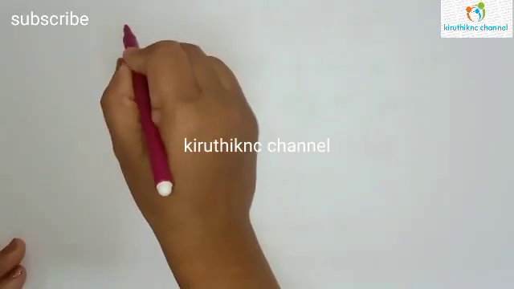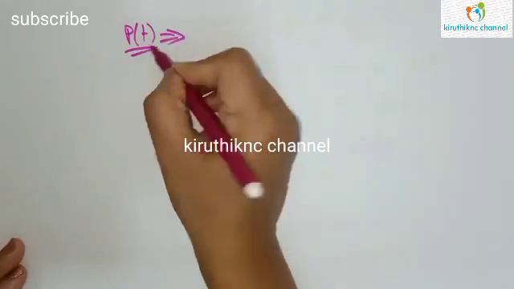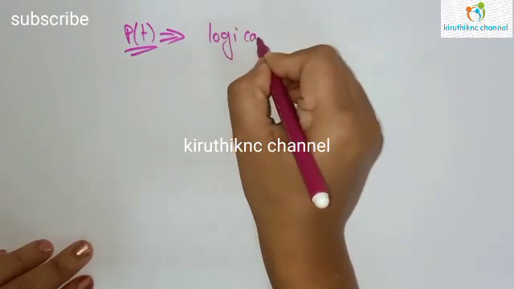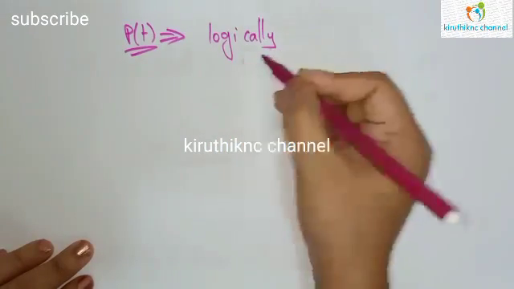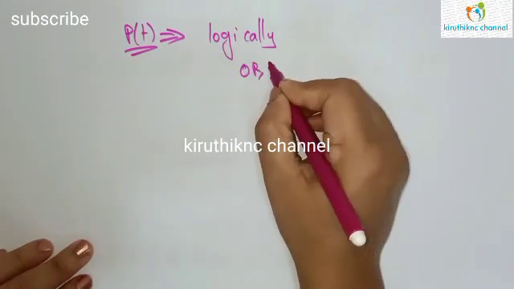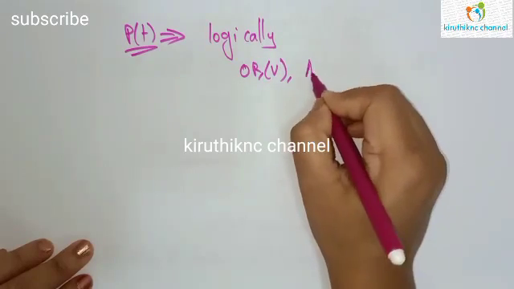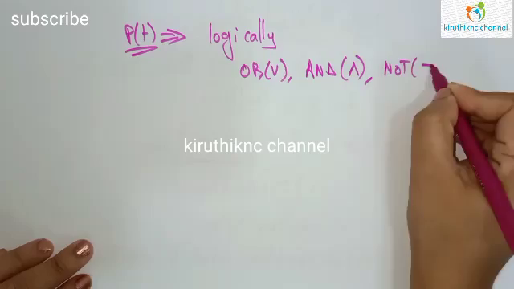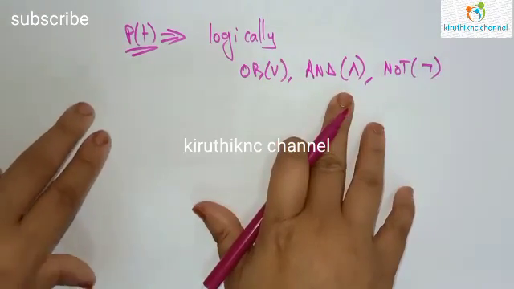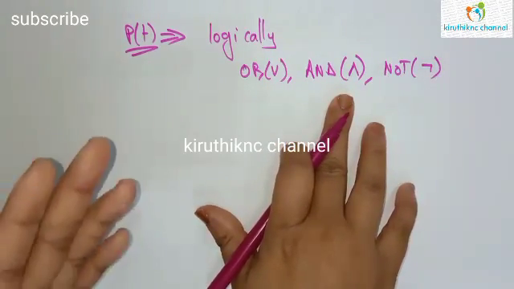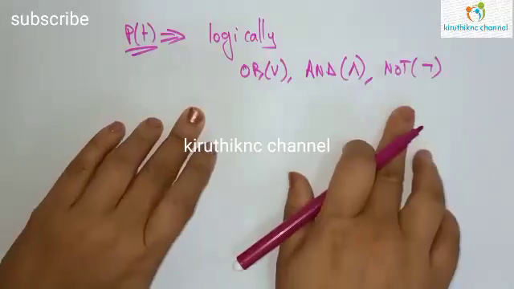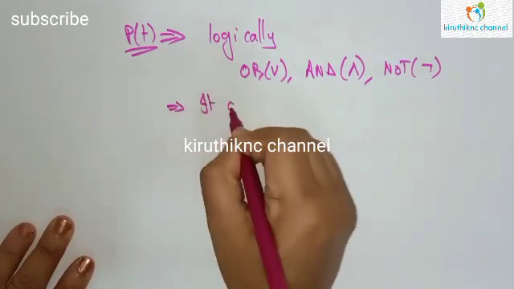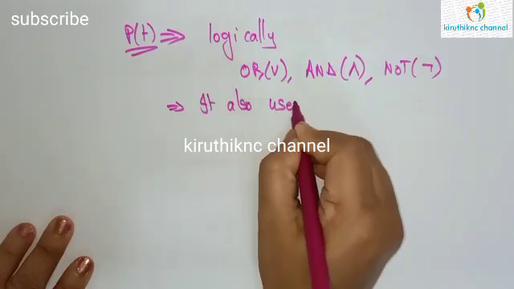These conditions may consist of logical operators: or, and, not. Okay, so the predicate P(T) may have various conditions logically, or, and, not, and it also uses quantifiers.